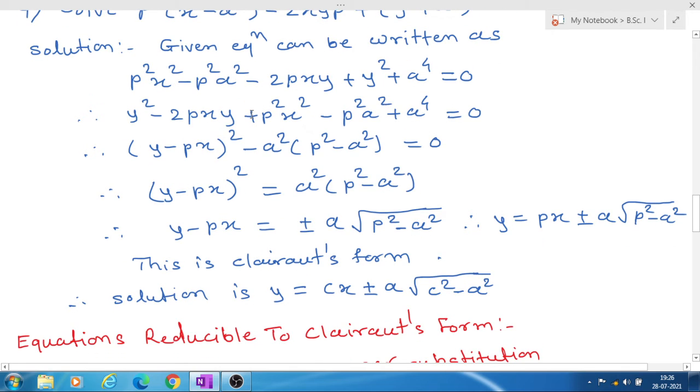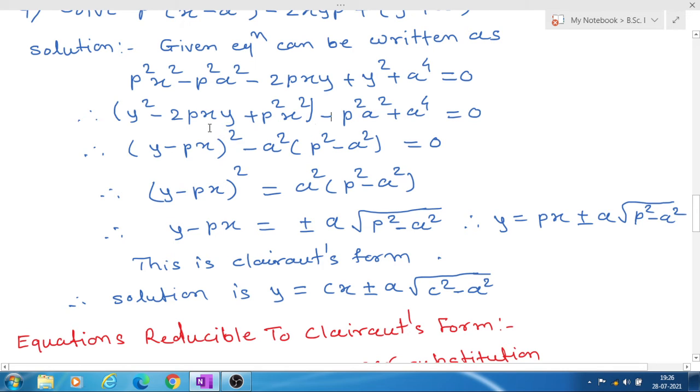Now if we observe, we can see here that these three terms, y square minus 2pxy plus p square x square, can be taken in one bracket, and the remaining terms are minus p square a square plus a raised to 4, which is equal to 0.